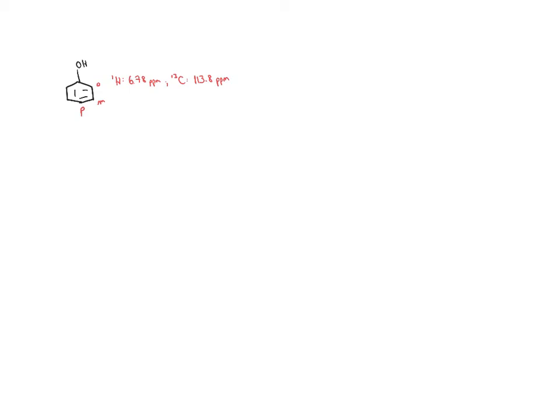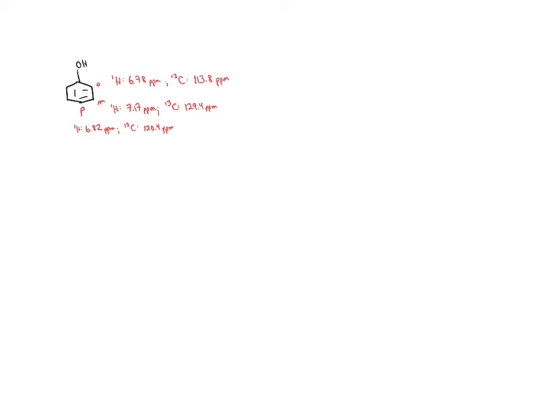For the meta position, the proton is at 7.17 parts per million, and the C13 is at 129.4 parts per million. And for the para, the proton chemical shift is 6.82 parts per million, and the C13 is at 120.4 parts per million.